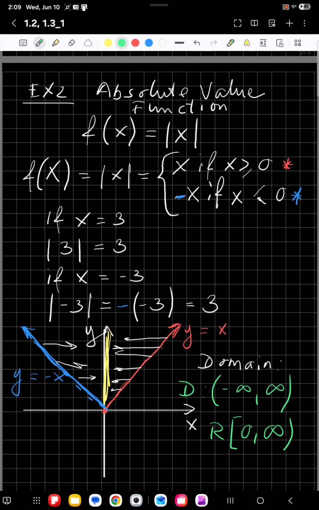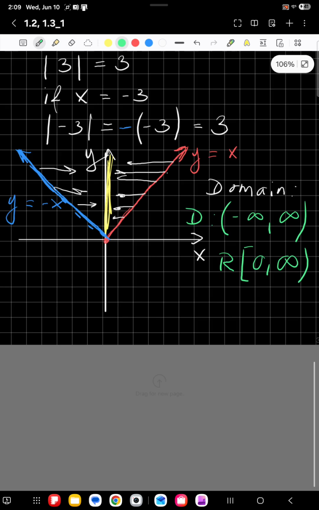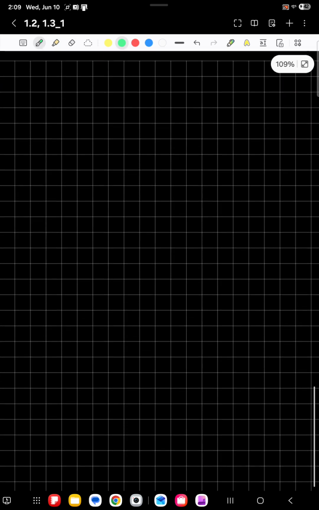Okay, so next thing I'd like to review is one-to-one functions, and that's going to be important when we discuss inverse functions. All right, so one-to-one functions. Let's make it just regular white.